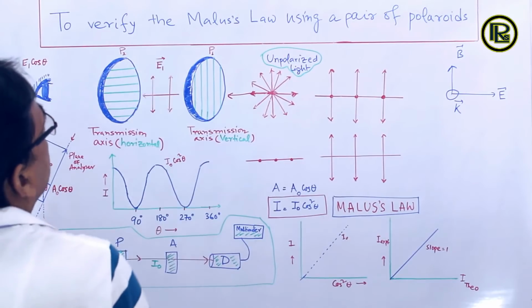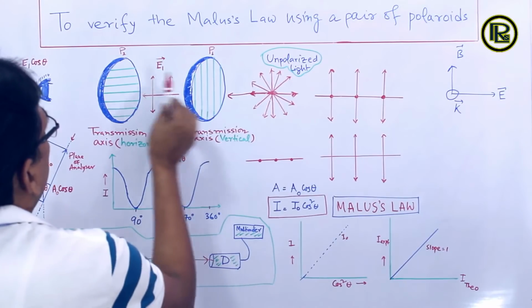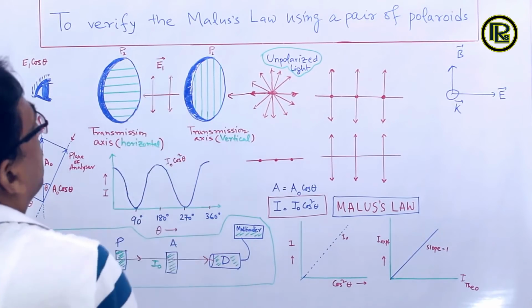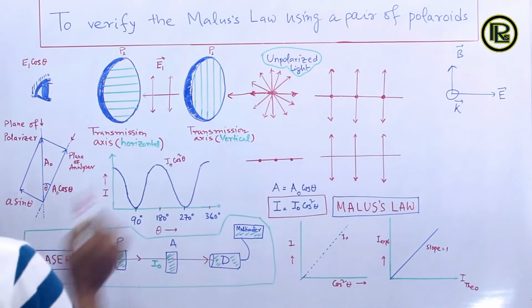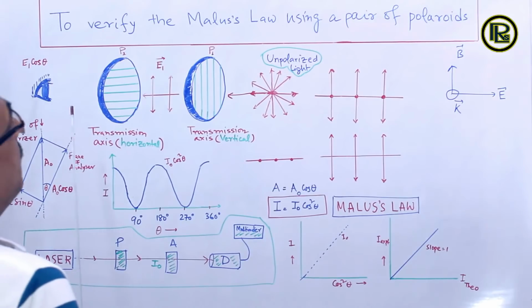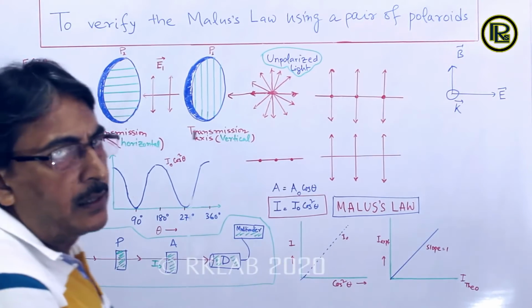So in this case, this Polaroid is allowing only this vibration of the electric field, the vertical vibration of the electric field, and this is achieved as the Polaroid material has an optic axis.